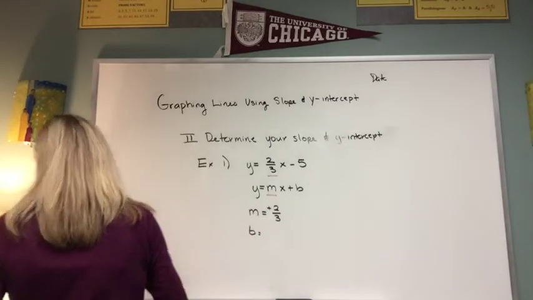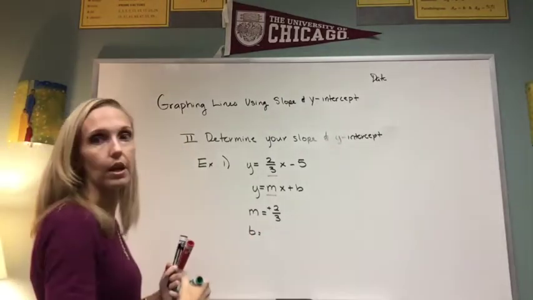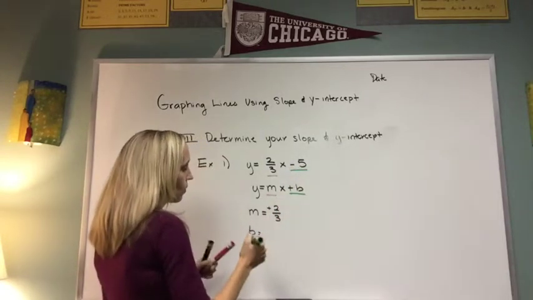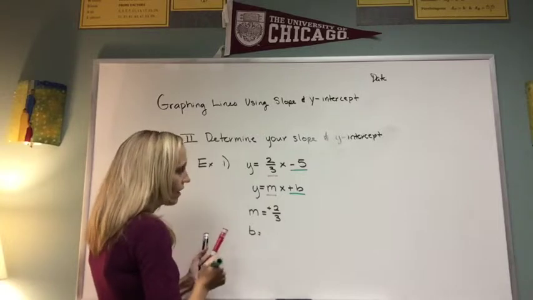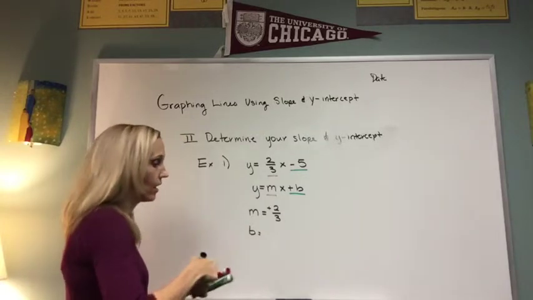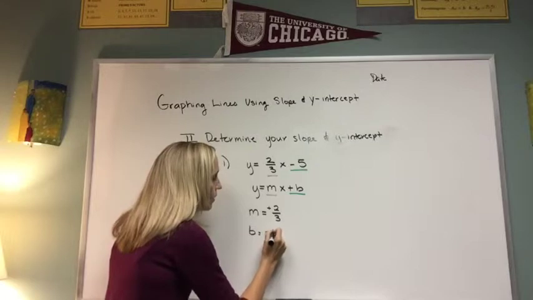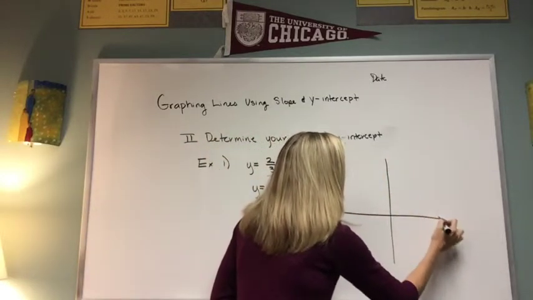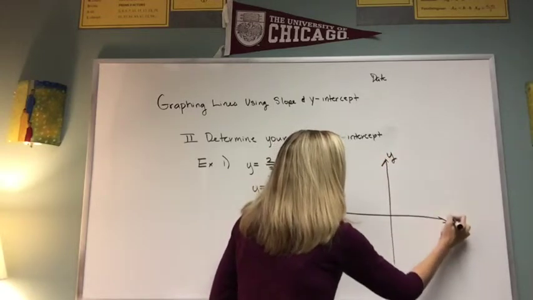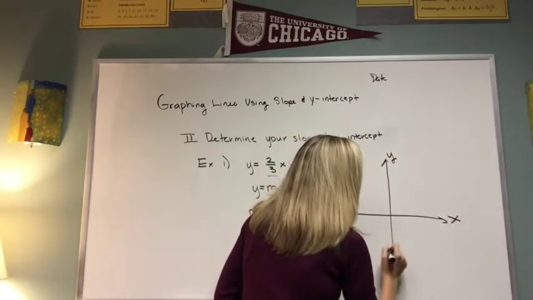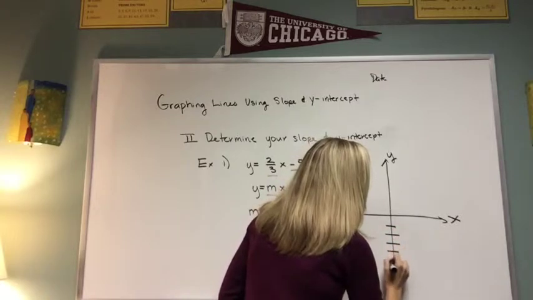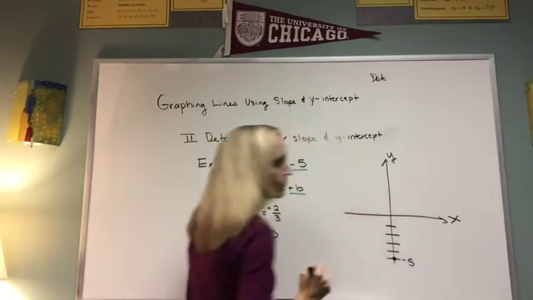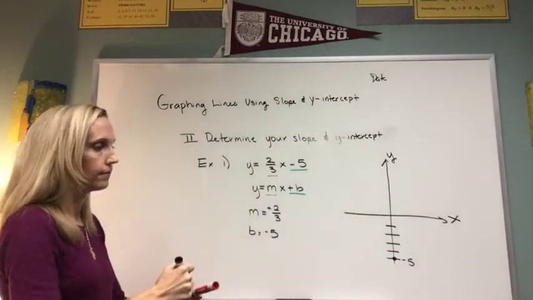Well, our y-intercept is where our b is located. So my y-intercept is -5. It's not 5, it's negative. That sign comes with it. So it crosses the y-axis one, two, three, four, 5, somewhere down here, okay? We'll graph the slope later.